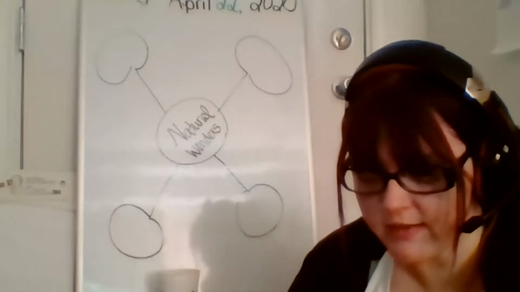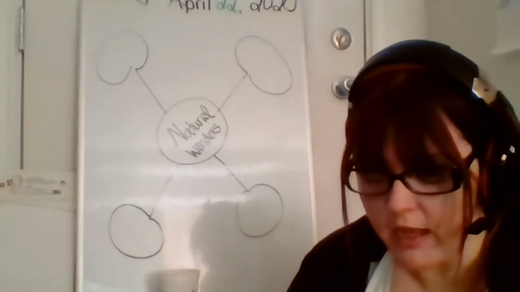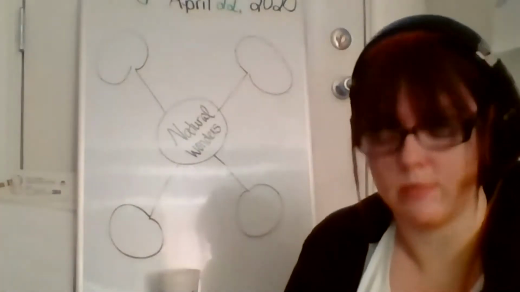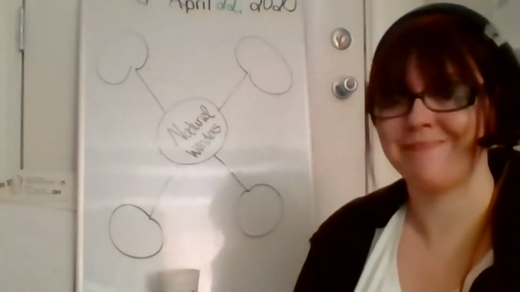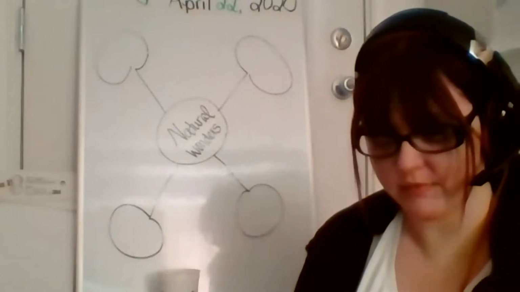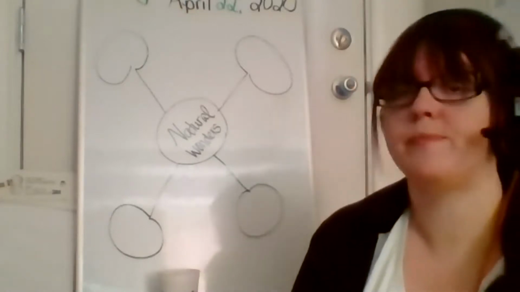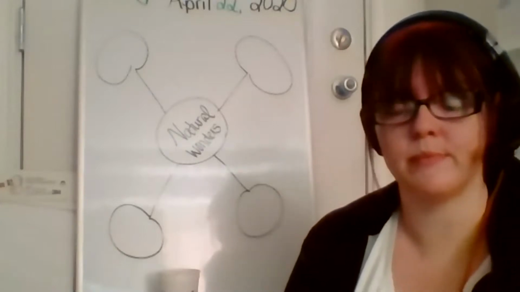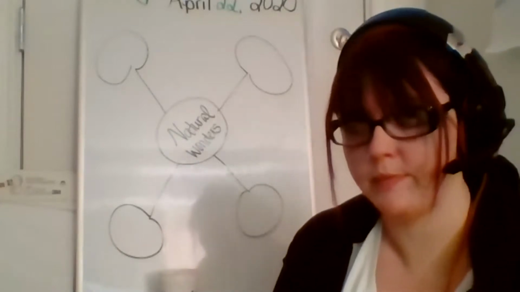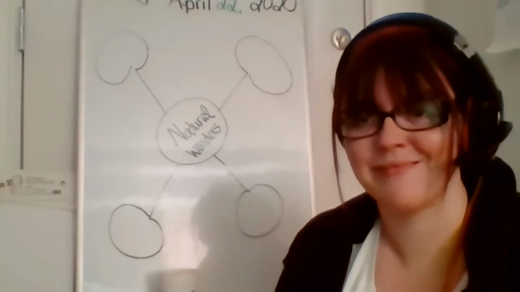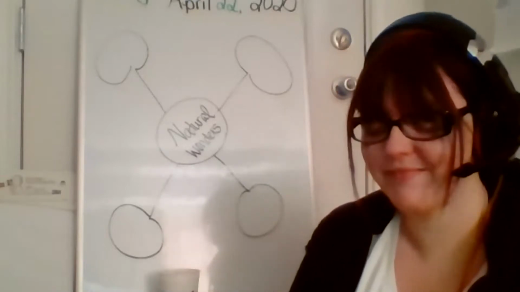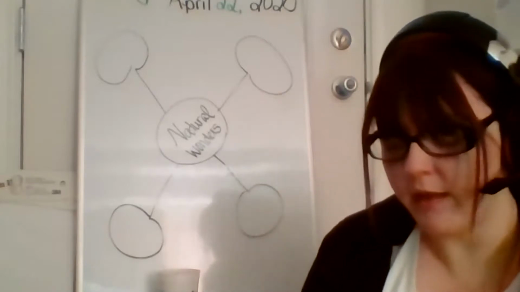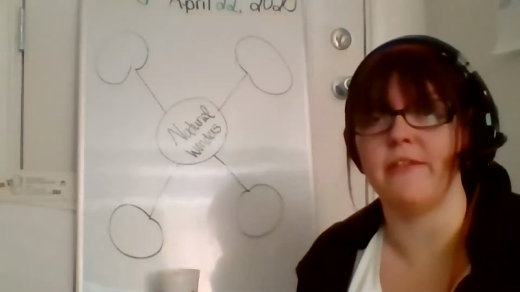So go ahead and draw that somewhere where you have it, and then we're going to talk about details. Okay. That's just 4 circles, so I know you guys can do that pretty fast.